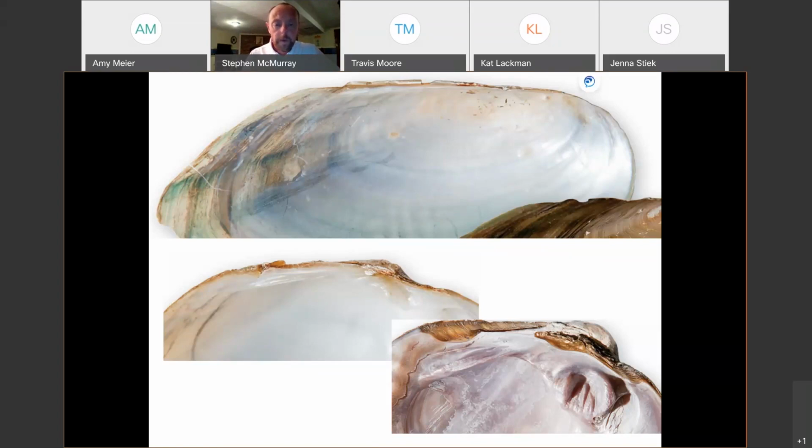So all of our saltwater cousins of freshwater mussels, there's just a lot of variability in shell features across the board in mollusks, whether we're talking about freshwater bivalves, saltwater bivalves, snails, octopus. There's just a ton of variability that happens with the shell.